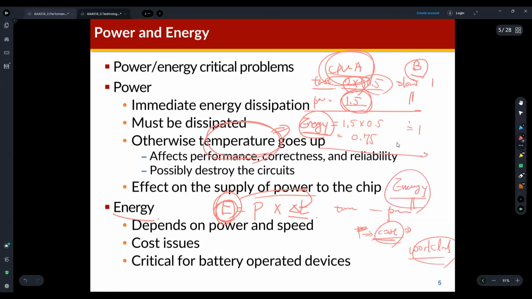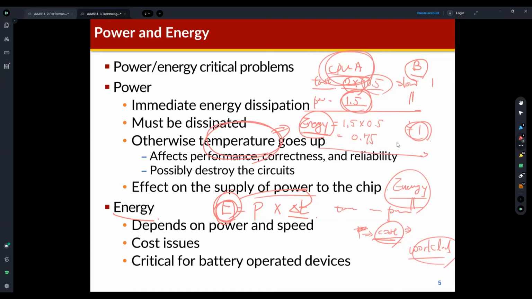So which means in order to complete the same workload, CPU A consumes 0.75 of energy as the running cost, but CPU B consumes 1 energy. It's also a cost issue.